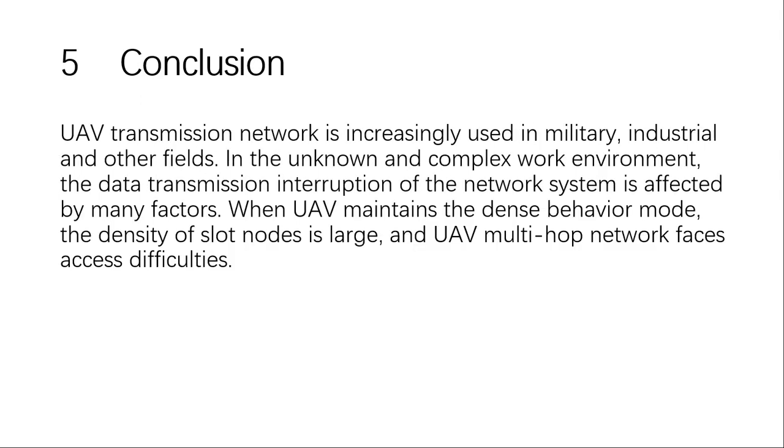5. Conclusion. UAV transmission network is increasingly used in military, industry, and other fields. In the unknown and complex work environment, the data transmission interruption of the network system is affected by many factors. When UAV maintains the descent behavior mode, the density of slot nodes is larger, and the UAV multi-hop network faces access difficulty.